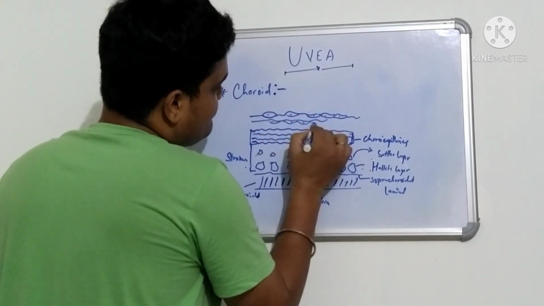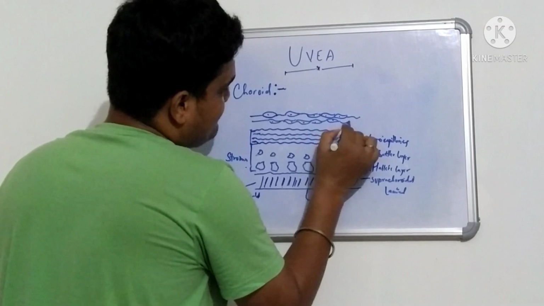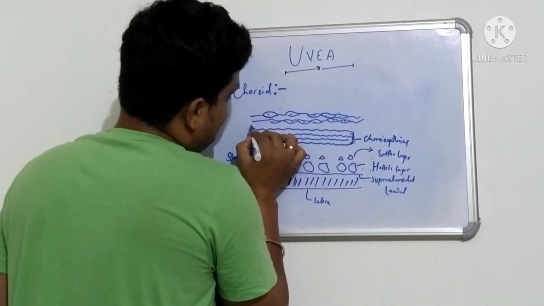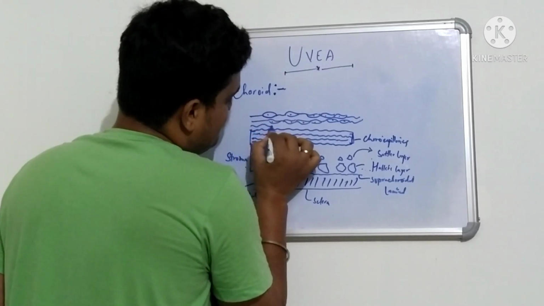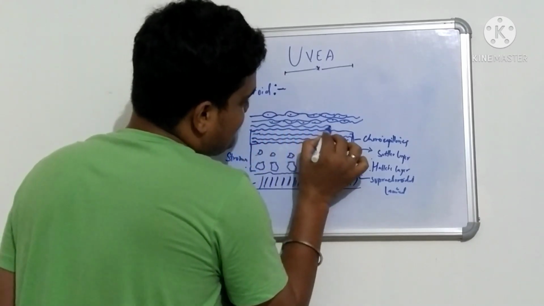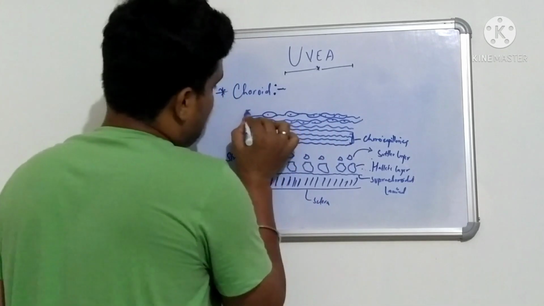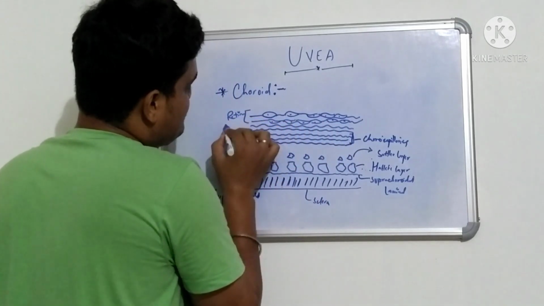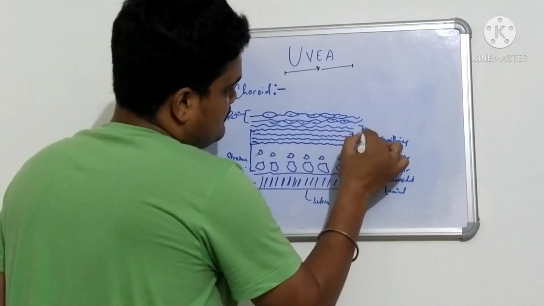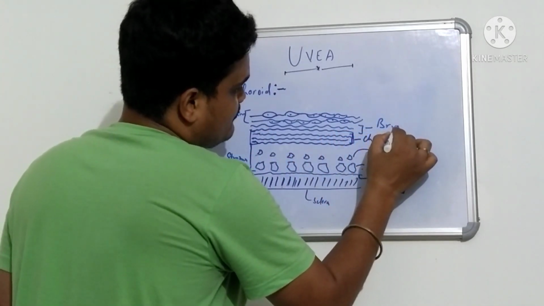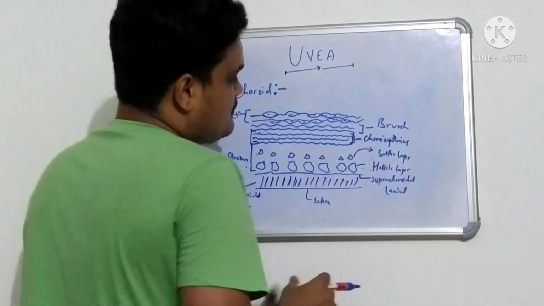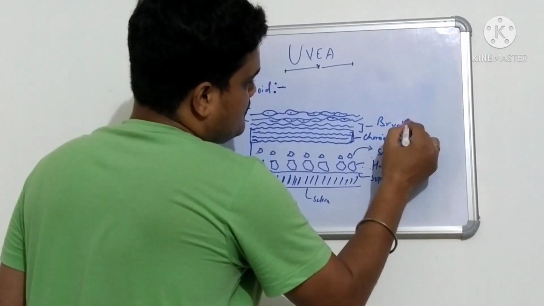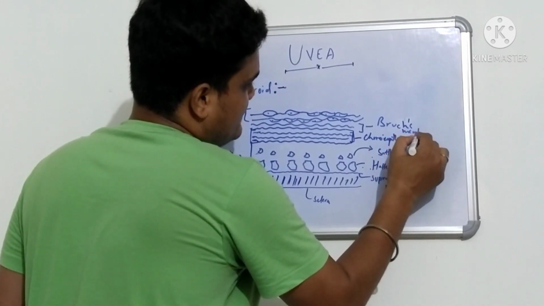What is very important to understand is that the choriocapillaries are separated from the retina by one very important layer called Bruch's membrane.